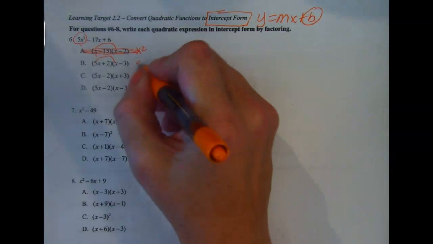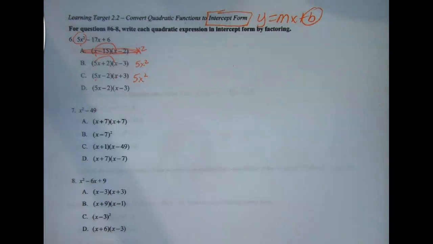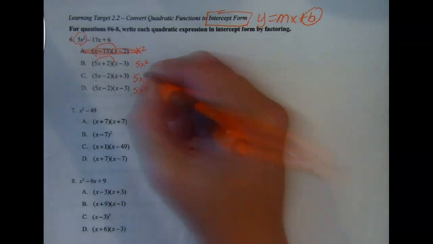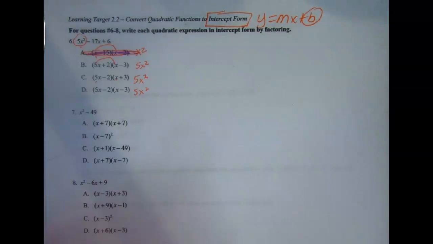Oh, that does give me a 5x squared, so I like that one. 5x times x, oh, that one gives me a 5x squared. 5x times x. So all of these, the rest of them do give me a 5x squared. So that was one easy way to get rid of one choice without even doing much.